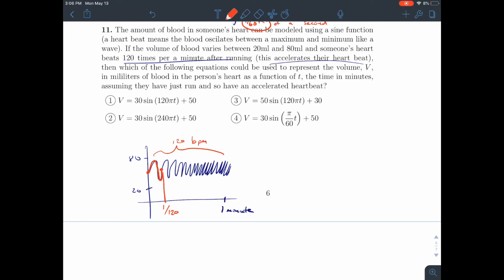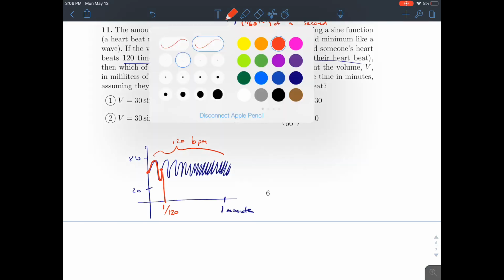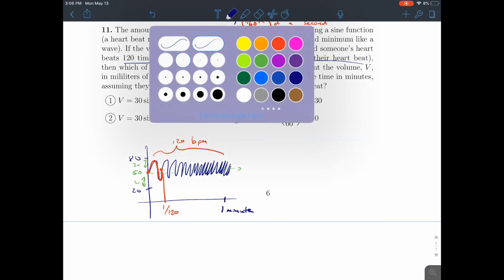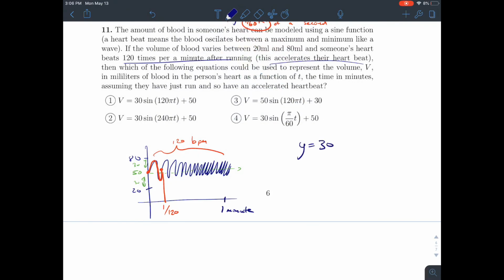All right, so now putting it all together here, our midline is going to be halfway between these, which is 50 with an amplitude of 30. So we've got y equals 30 sine of b times t plus 50.